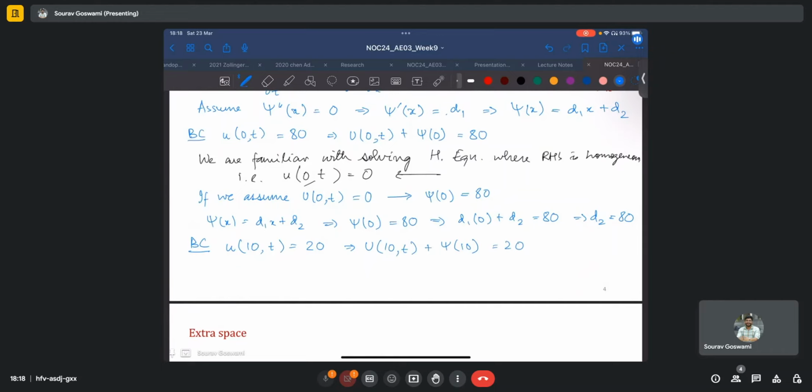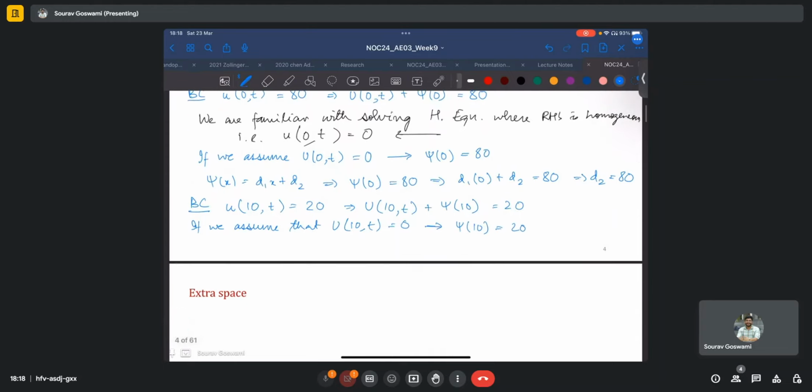And again, just to reduce it to a problem we already know how to solve, if for the sake of convenience we assume that U at 10 comma t is 0, then φ at 10 must be 20 as per our formulation.